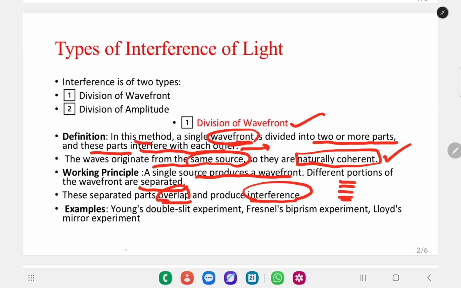In which experiments can we see this type of interference? In Young's double slit experiment, Fresnel's biprism experiment, and Lloyd's mirror experiment. You have already learned Young's double slit experiment; Fresnel's and Lloyd's experiments we will see further.